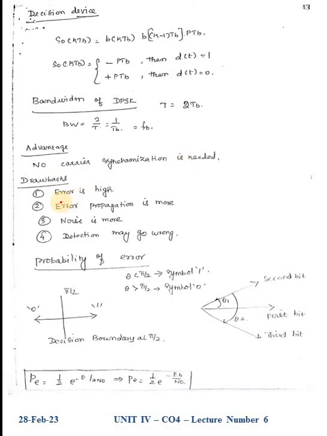The disadvantages or drawbacks are that the error is very high, error propagation is more, noise is more, and detection may go wrong. These are all the drawbacks, and the probability of error is given. Here this equation is equivalent to 1 by 2 e power minus Eb divided by 2 N naught, or in a simplified way we can say 1 by 2 e power minus Eb by N naught.